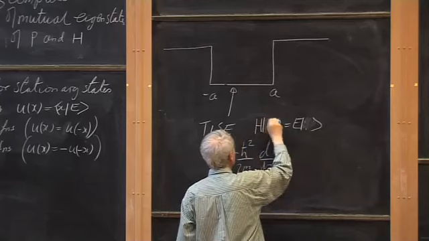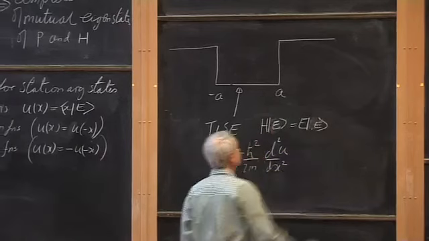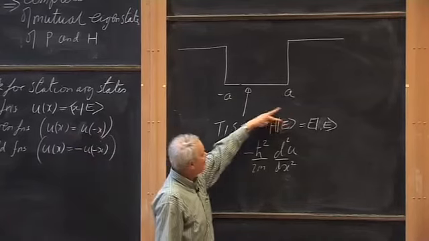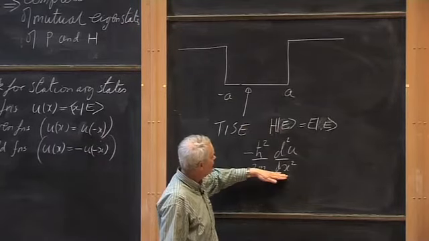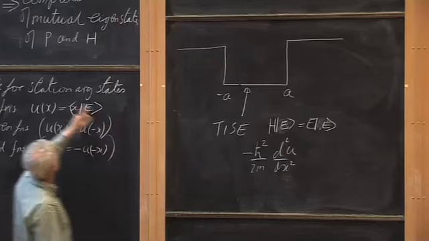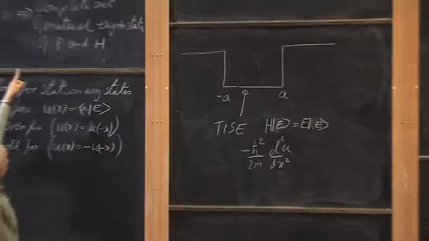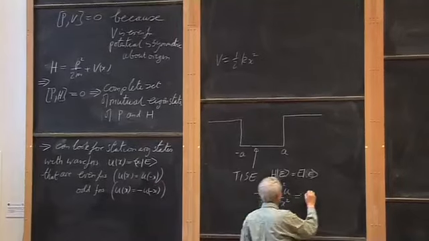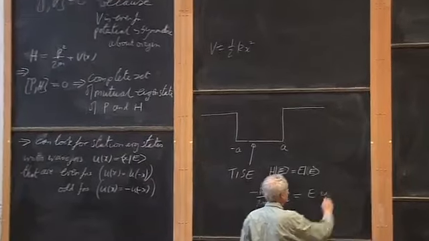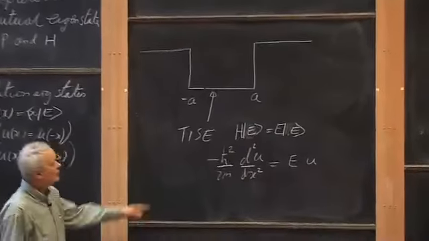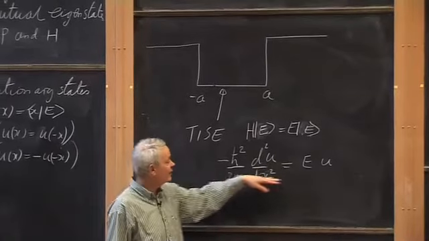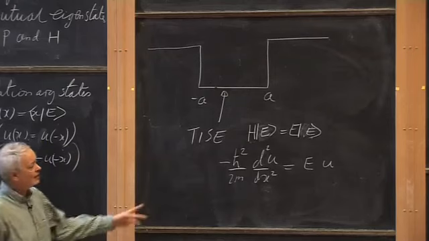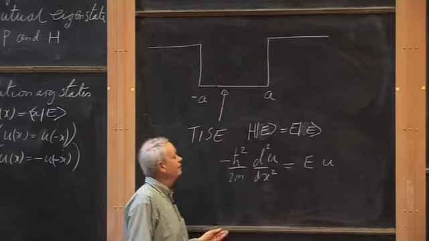Let's leave it with e, that's what we were calling the state e. So this left-hand part now reduces to just this in the position representation because we only have the kinetic energy. At this location, there is no potential energy. And on the right-hand side, of course, we simply have E times U. So we're trying to solve this equation, and we know all about the solutions. This is just the simple harmonic motion equation of classical physics, essentially.